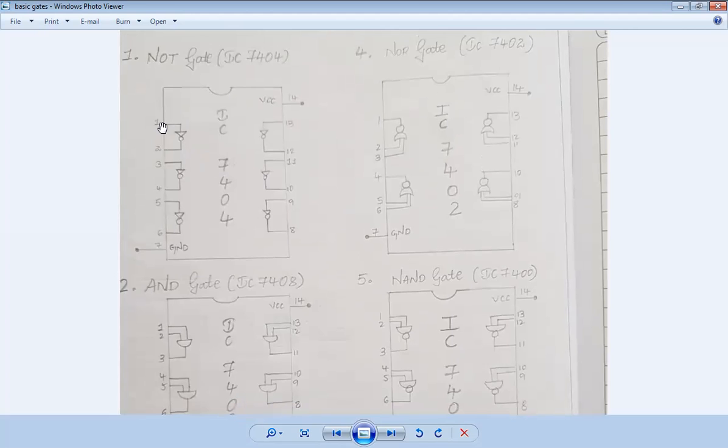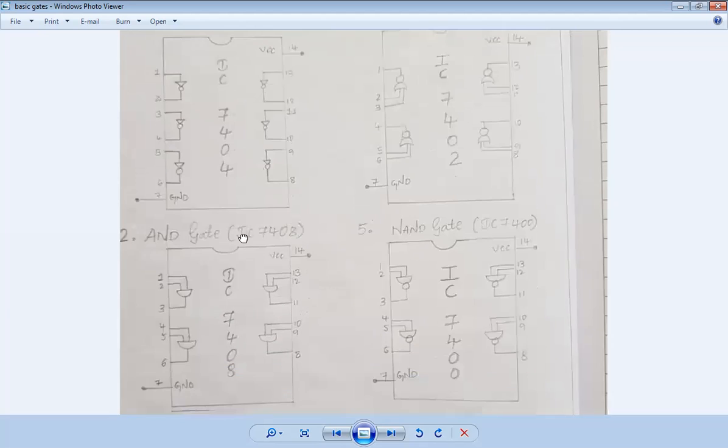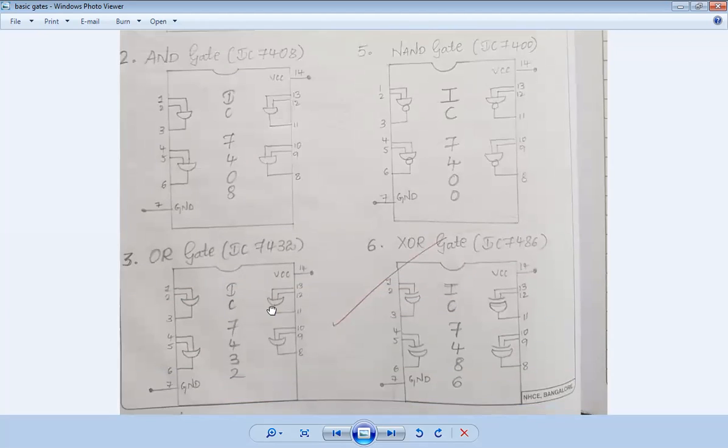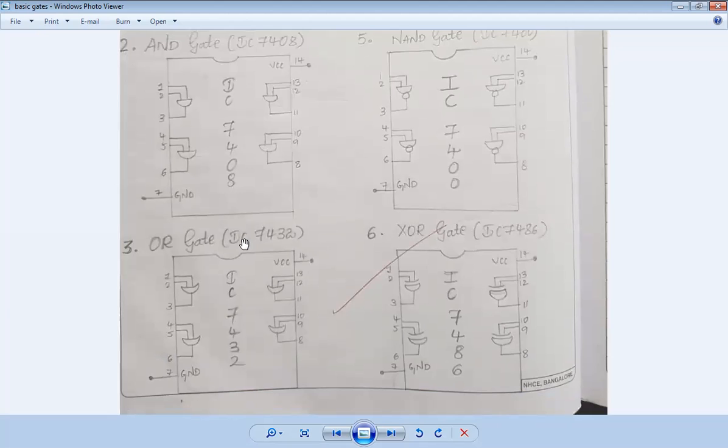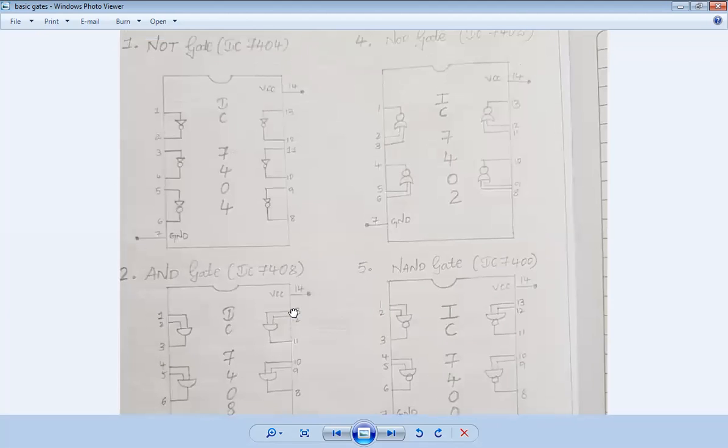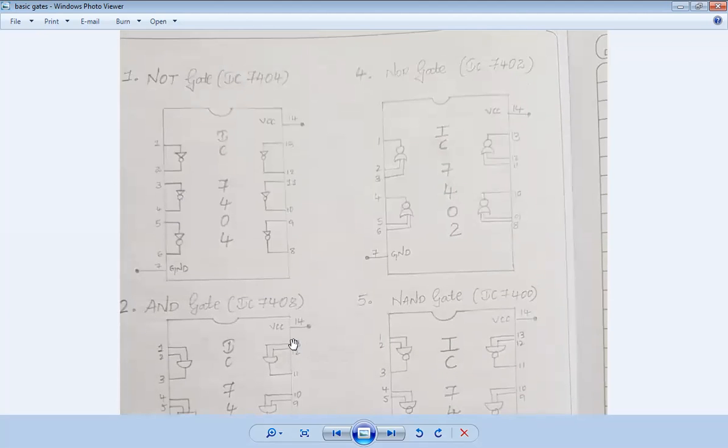This is a 14 pin IC where your 7th pin gets connected to ground and your 14th pin gets connected to a higher potential, VCC or VDD. Similarly, every gate's configuration is here, where 2, 3 are inputs and 1 is the output for your NOR gate. I will be sharing this also in your classroom. I want you to make a note of this and put it up in your observation notebook.